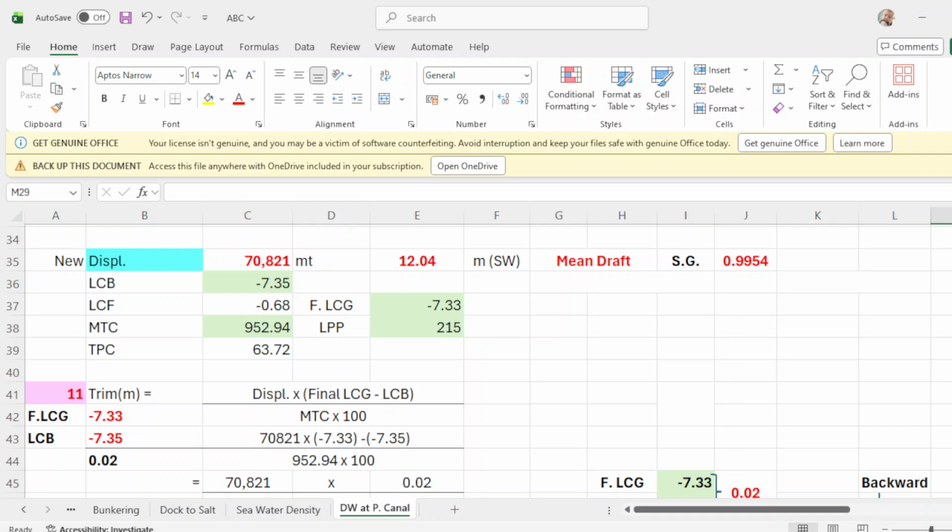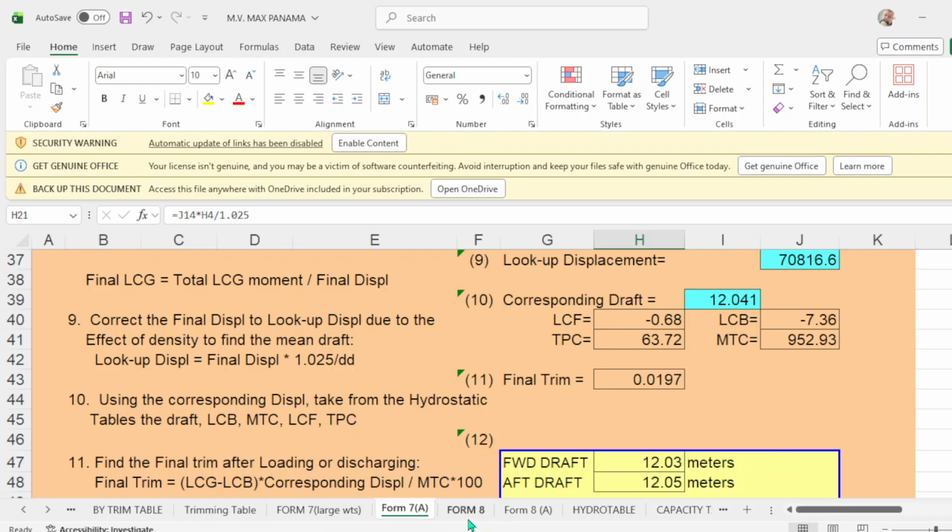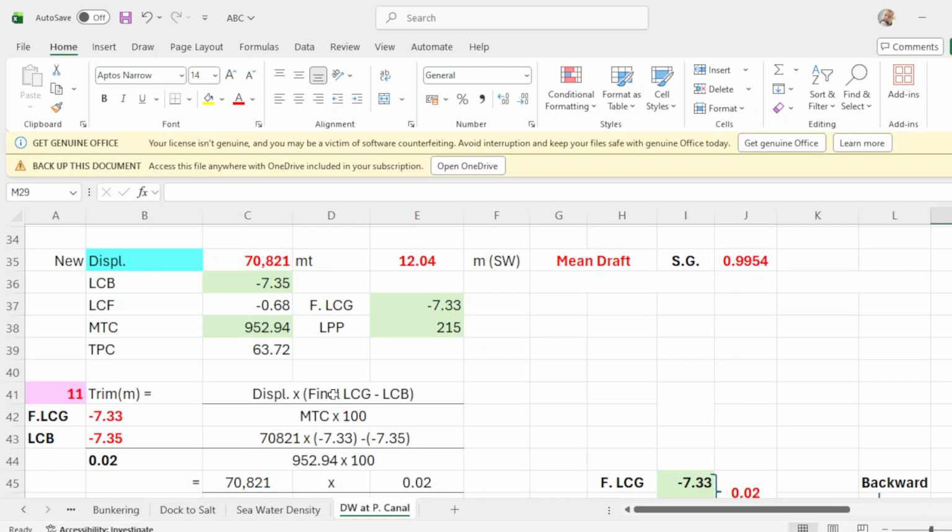This is the formula, guys. LCG minus LCB times corresponding displacement over MTC times 100. Okay? Your final LCG is negative 7.33 and your LCB is negative 7.35.